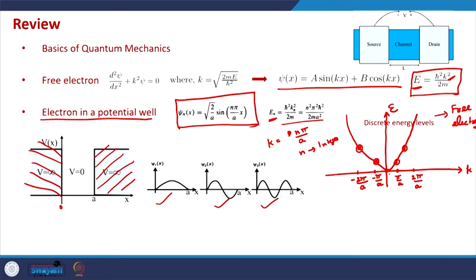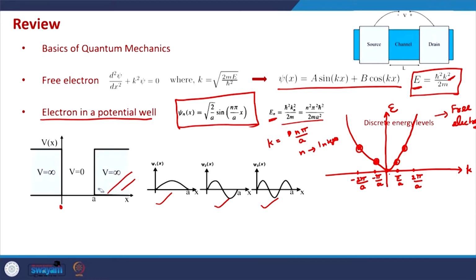So, we considered two cases, one when the electron is entirely free, and second when the electron is entirely confined in a potential well. And there are a range of intermediate cases, a lot of cases in between. For example, we can have a finite potential well where this potential V is not infinite on the boundaries, it is a finite value.